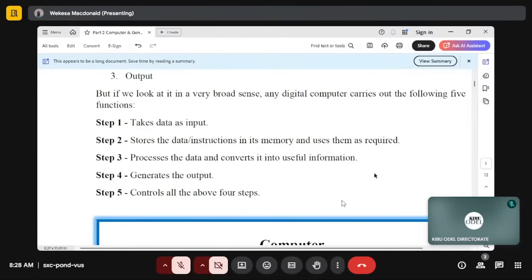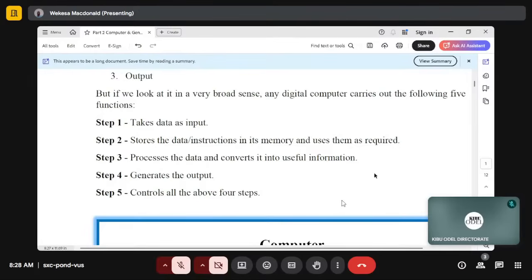It must take data as input. It must store the data and the instructions in its memory and use them. A computer should be able to process the data and convert it into useful information. A computer should generate the output.